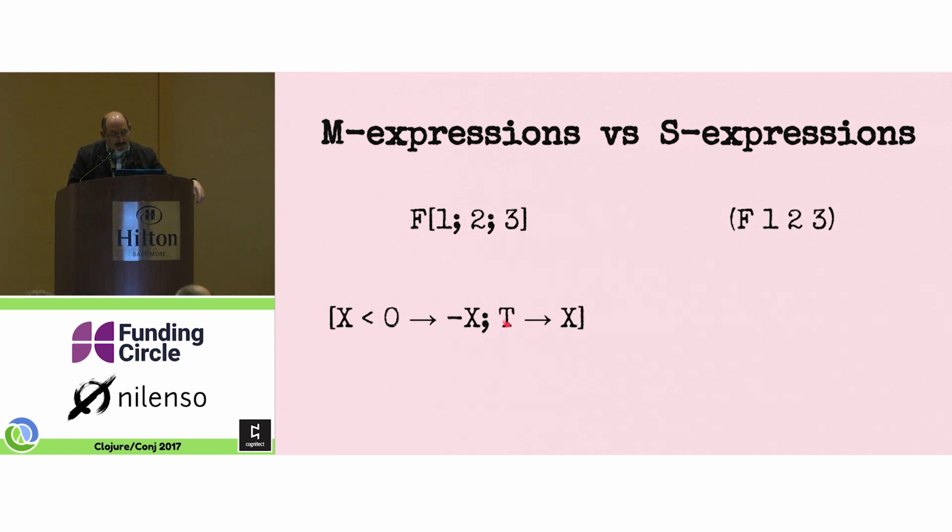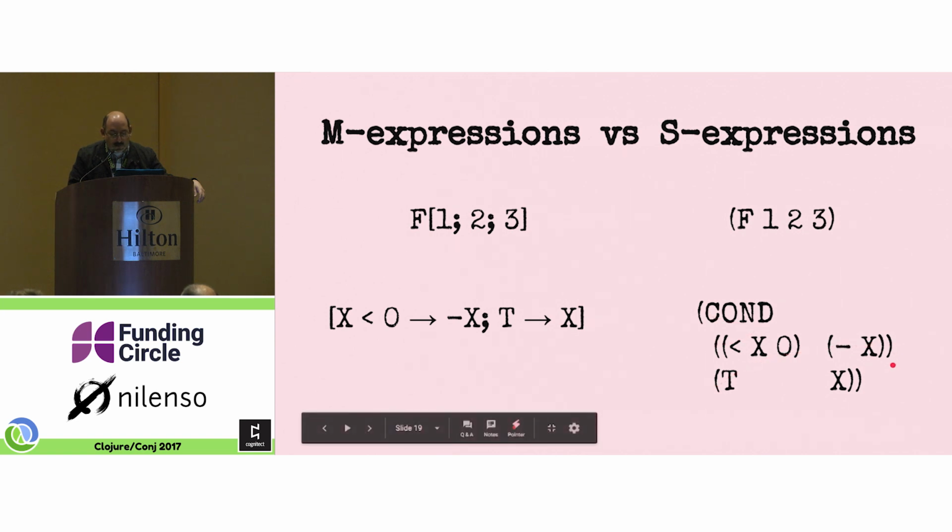In this specific example, here we have t, which is a special symbol that represents the truth value. So this is like a default or an else clause, which, if none of the previous ones happen to hold true, this one will, okay? And this is how it looks as an S expression, okay? So we have the use of cond, and the clauses are included in parentheses, and then we have the condition and the resulting associated value.